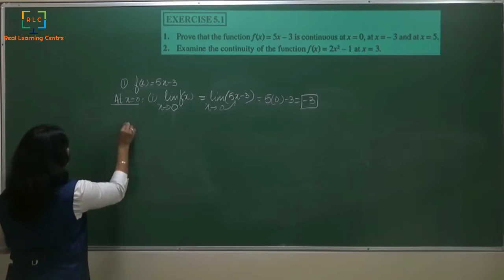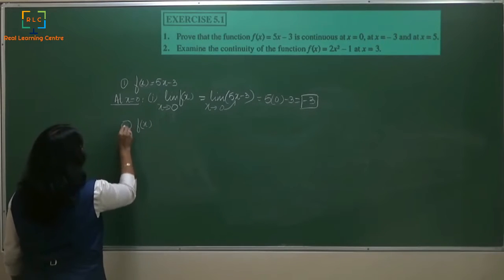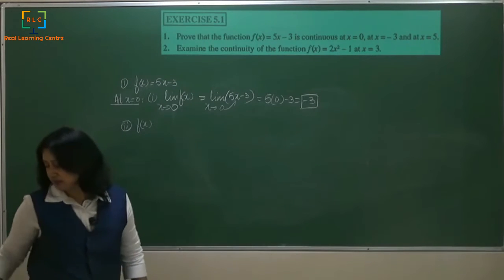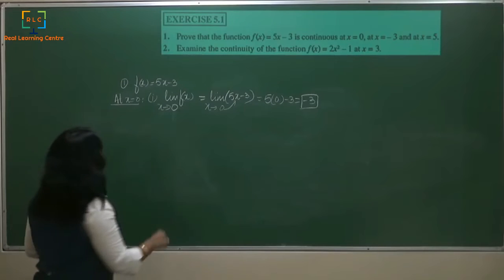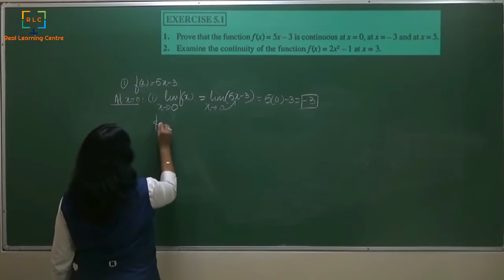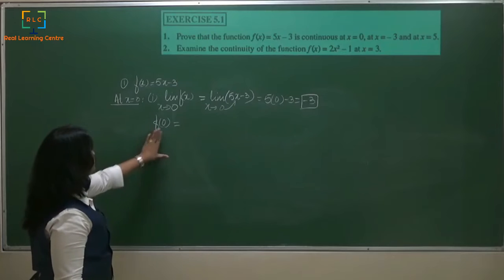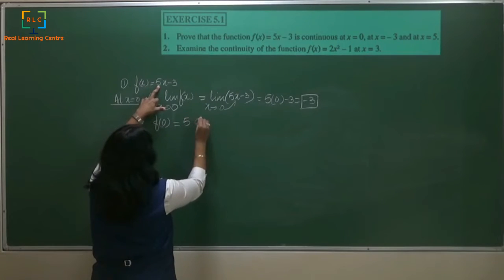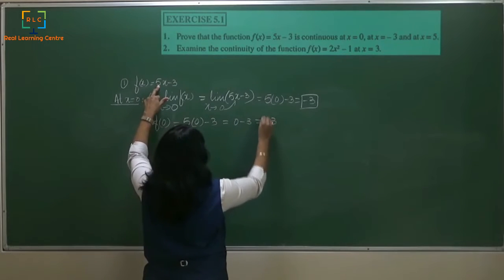First I applied the limit; next I will do f of 0, the function at exactly x equal to 0. I go directly to the function and plug in x is equal to 0: 0 minus 3, again equal to minus 3.